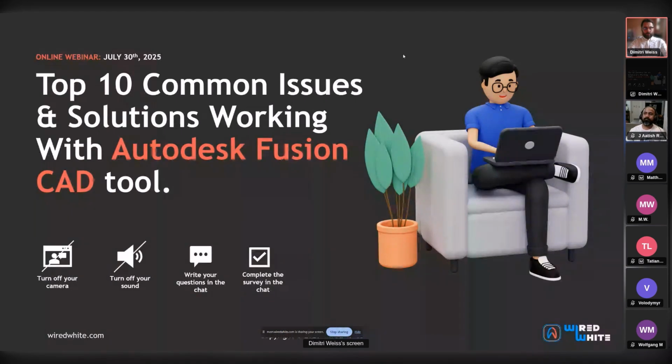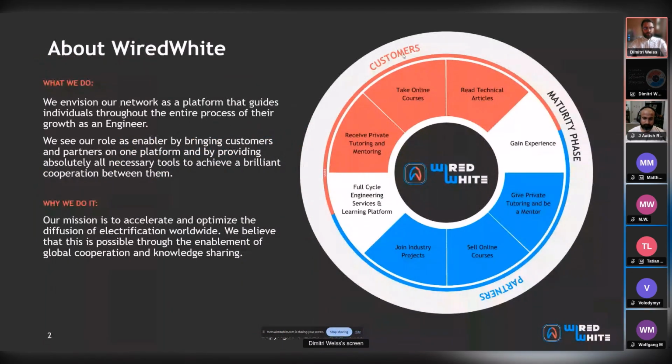First, I would like to start with an intro about WiredWhite, what we do and why we do it. We envision us and our platform, our network, that guides individuals throughout the entire process of becoming an engineer, growing as an engineer. And we see our role as sort of enabler by bringing customers on one side and partners on the other side on our platform, and provide them absolutely all necessary tools to cooperate and to achieve their project goals on the platform working with our tools.